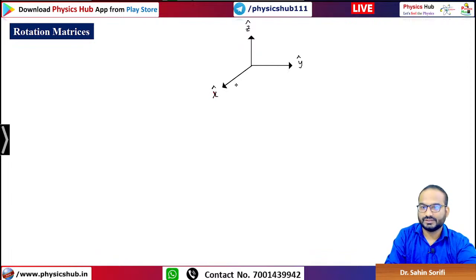If you make a rotation about the x-axis, the x-axis will remain fixed and the y-z axes will rotate. Let's say I am rotating about the x-axis in the anti-clockwise direction by an angle, let's say theta.